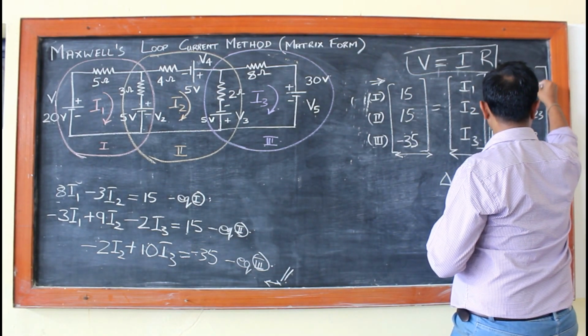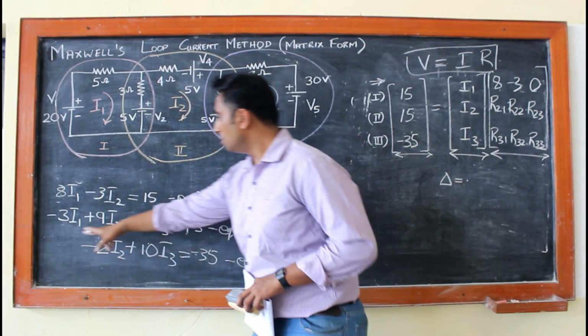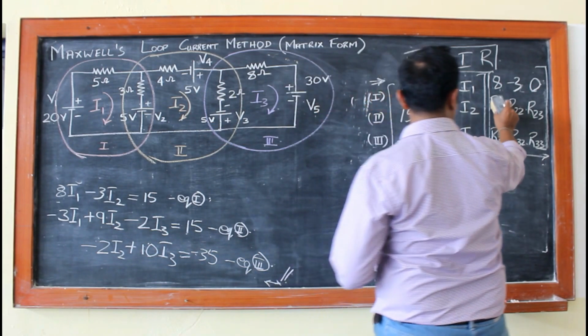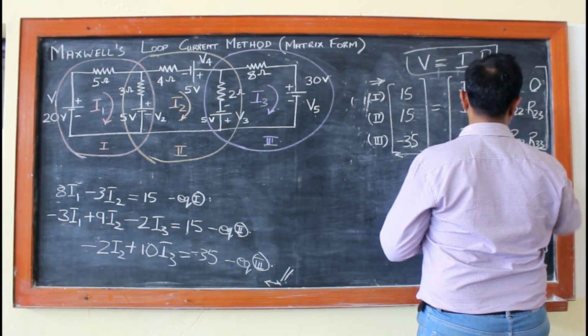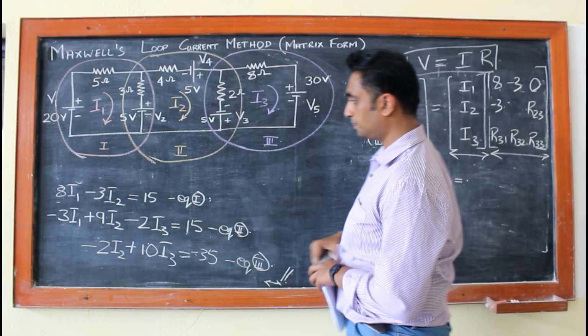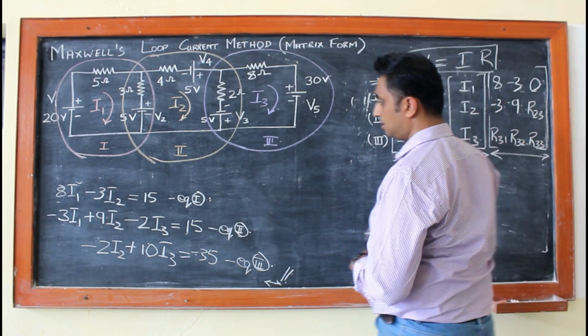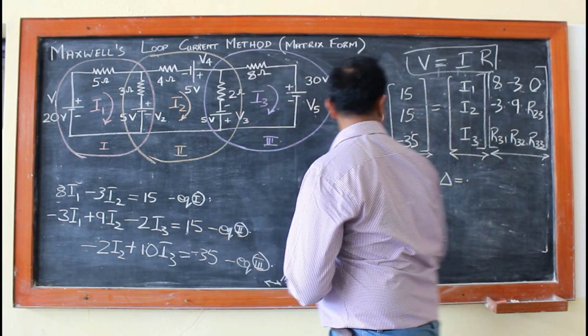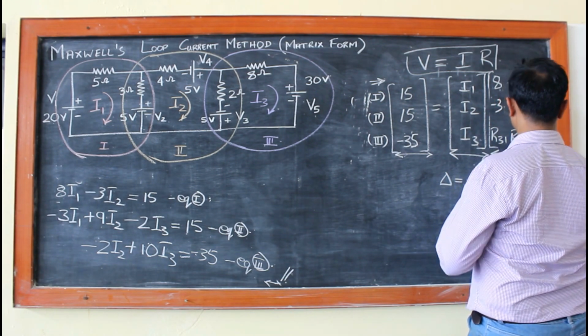In the same way we do it for equation 2. I1 is minus 3, so minus 3 comes here. R22 is plus 9, so 9 comes here. I3 is minus 2, so we got minus 2.